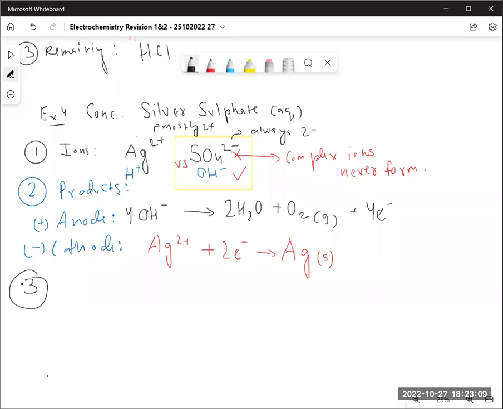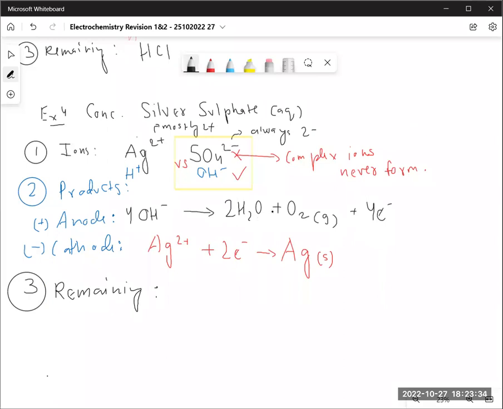Now, Mavadda, tell me what is remaining in the solution. Is it the oxygen? No, oxygen goes away. All of these things are no longer in the solution, in the electrolyte.